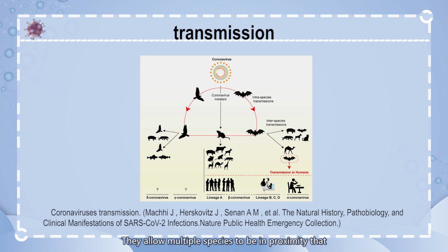They allow multiple species to be in proximity that otherwise would not come into prolonged contact with one another, which could be a factor for virulent strains of pathogens spreading to humans. Additionally, human capture of wildlife and incursion into natural wildlife habitats allow viruses to jump the species barrier.